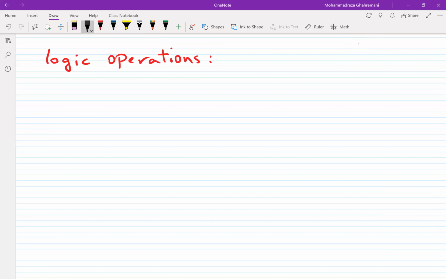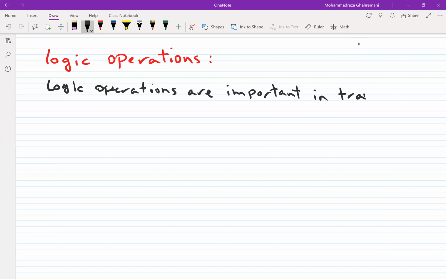Let me write it down for you. Logic operations are important in translating a word statement to digital logic network.